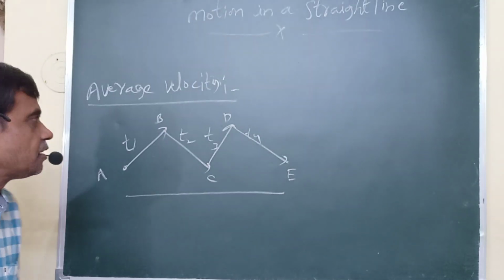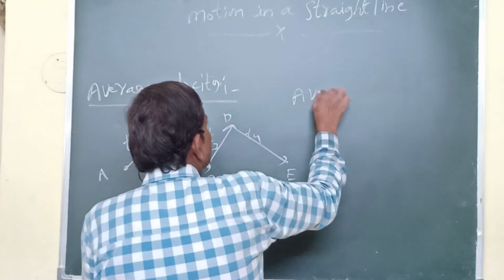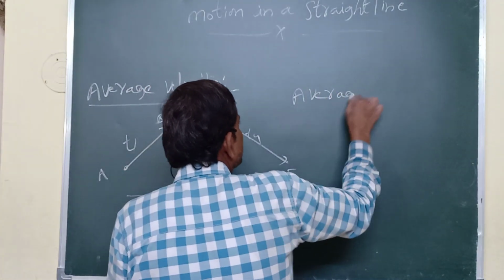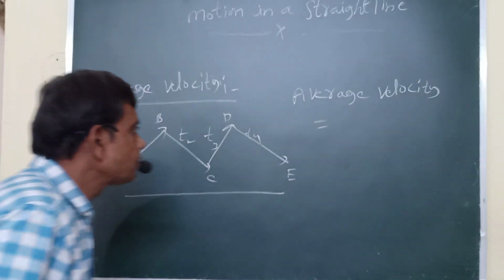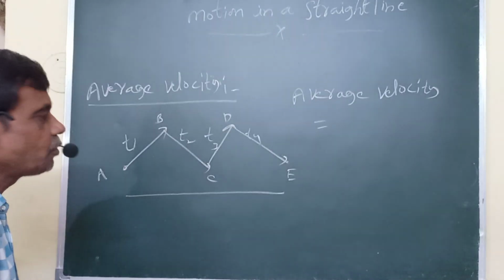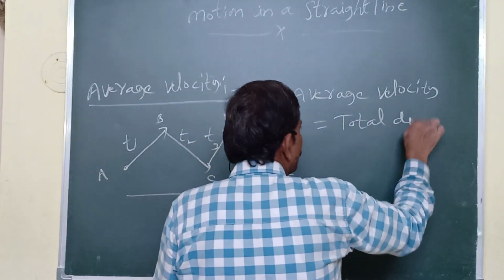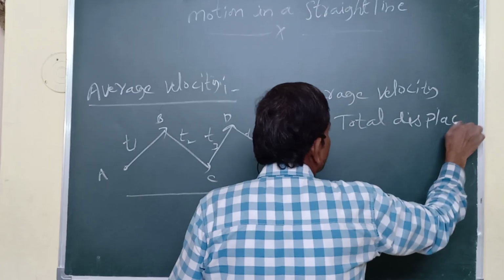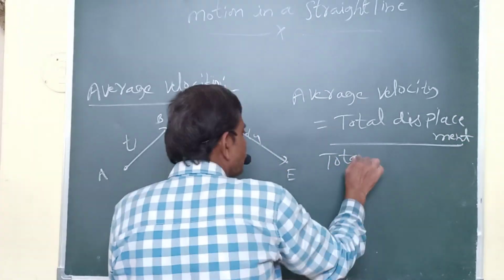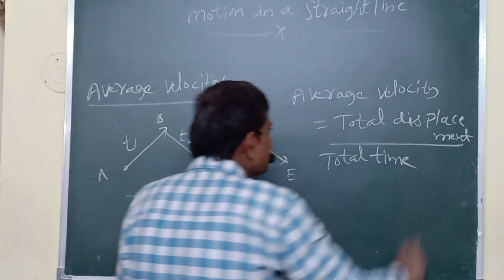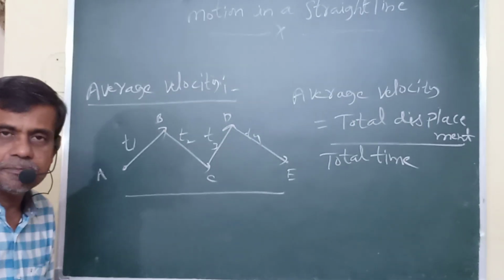Now I want to find the average velocity. Average velocity equals total displacement by total time. It is the ratio between total displacement and total time.